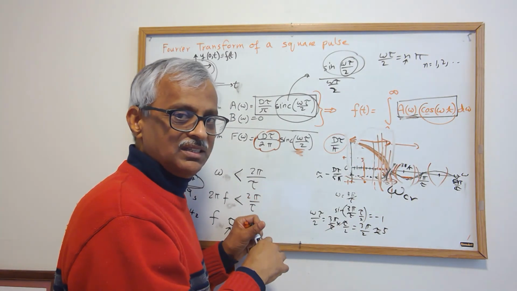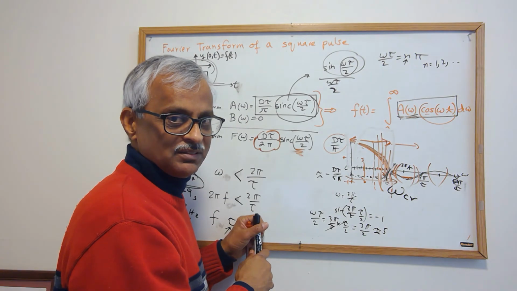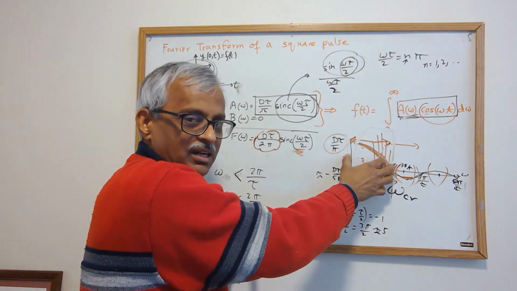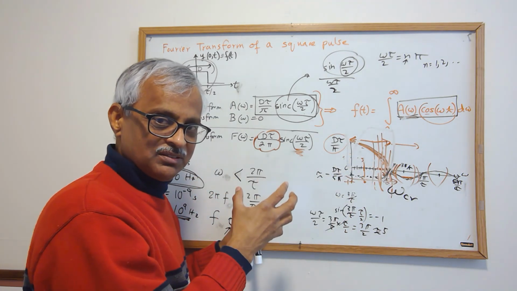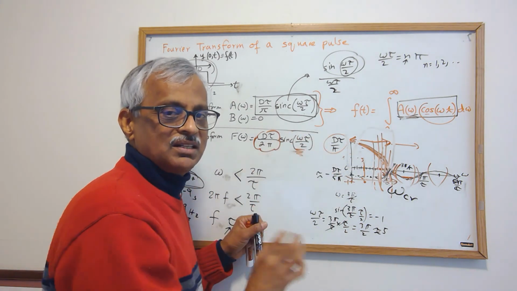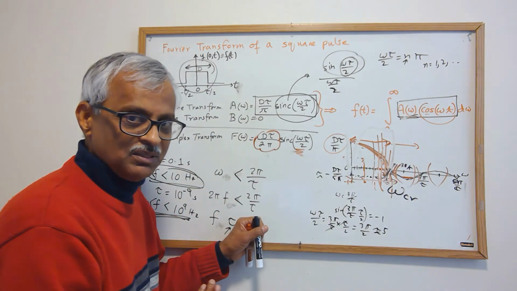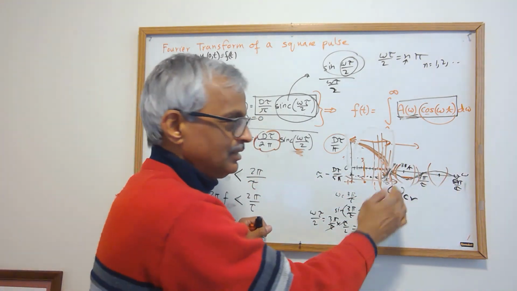We'll also see, when we look at the energy in the pulse, a similar thing: there will be a range of frequencies in which most of the energy is contained, and we may ignore the rest of them. It means it's not there. So all of these are there.